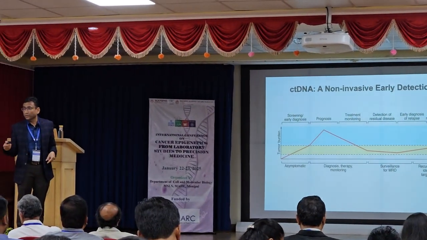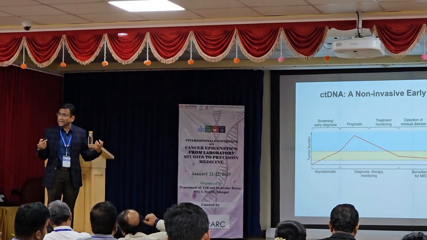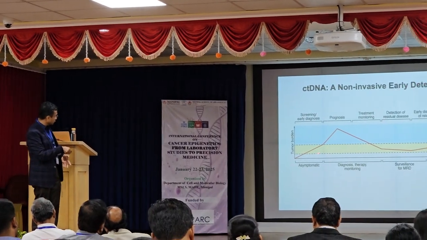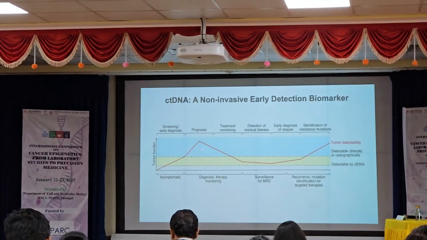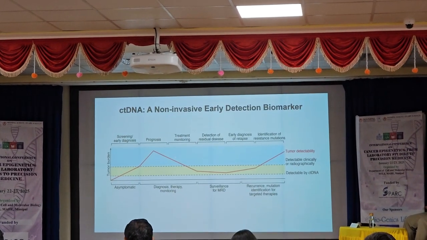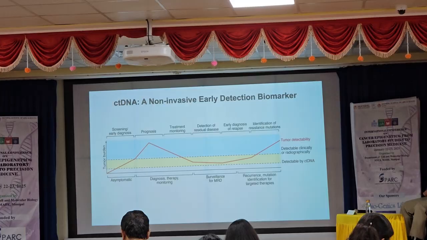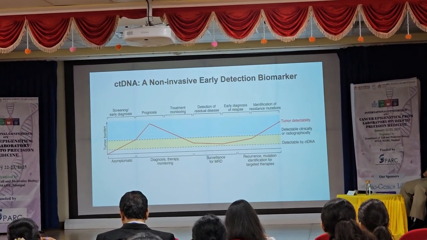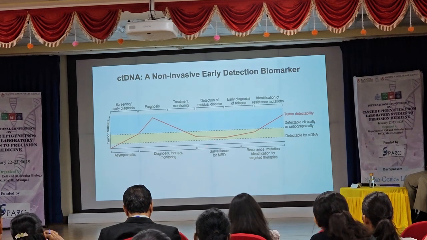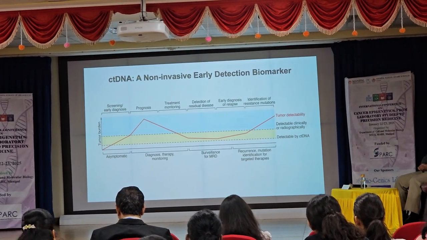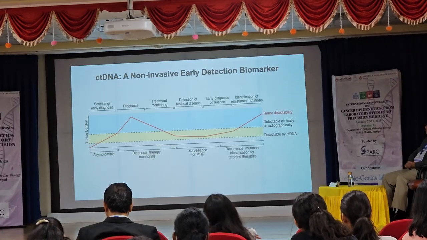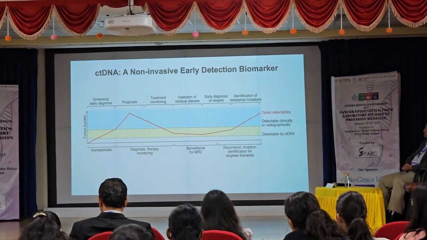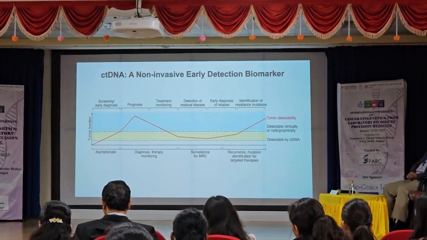Much before you do the imaging, because generally in cancer you go for CT scan, PET scan, so much before imaging, you could see the asymptomatic patient. You could actually monitor using the ctDNA, just the ctDNA concentration in the blood or mutations in the ctDNA. You could actually do the surveillance, which is called MRD, minimal residual disease. So when a patient has been treated, we call the patient after 3 months, 6 months, 1 year for follow-up.